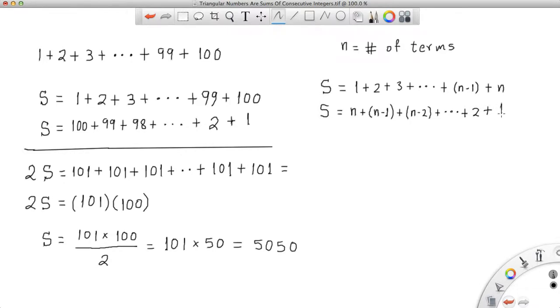So reversing the sum in the same way we did before, and now we're adding vertically. So we are getting on the left hand side of the equation the quantity 2s, so 2 times s, the double of the sum.